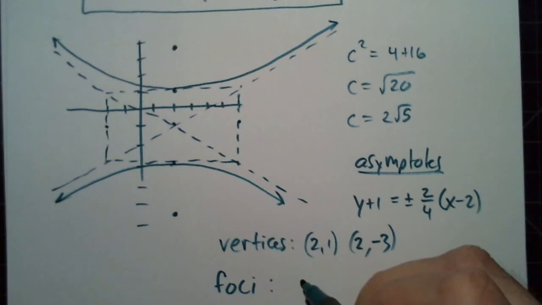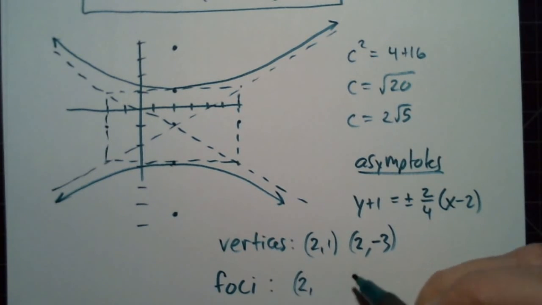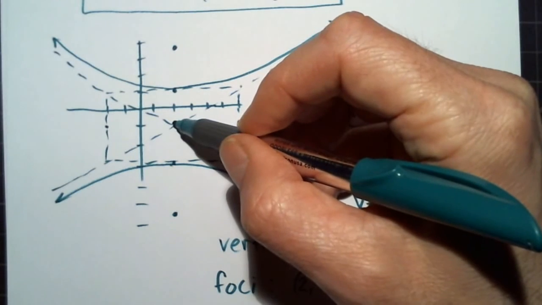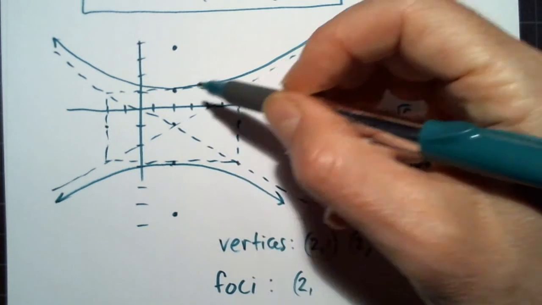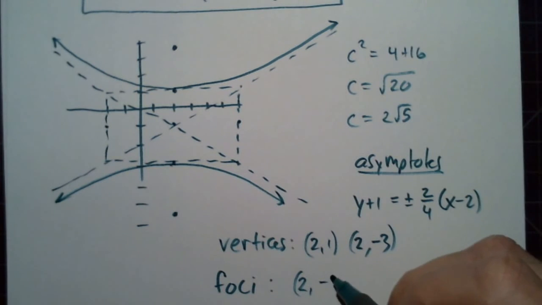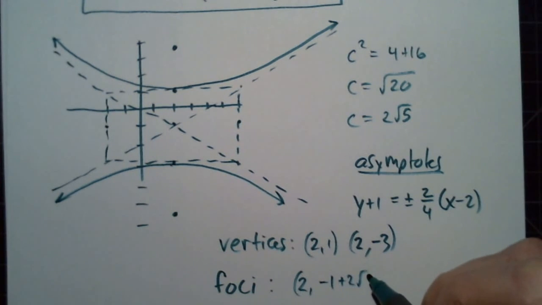The foci are 2, and it's going to be negative 1 plus 2 radical 5.